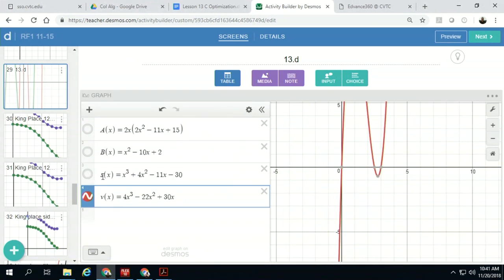I need to erase this one above it. So it tells me what my zeros are. My zeros are at 0, 2.5, and 3.